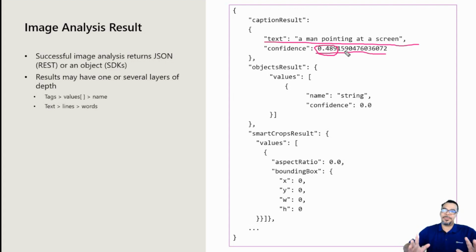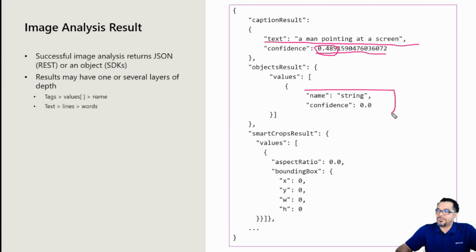As developers, this is important for you because you can define a threshold. I can say, if it's below 75% confidence level, I maybe want to kick it off and start another process. Or if it's above the 75% confidence level, then we're going to take that response and process it like we normally would. So think of that as the accuracy level.